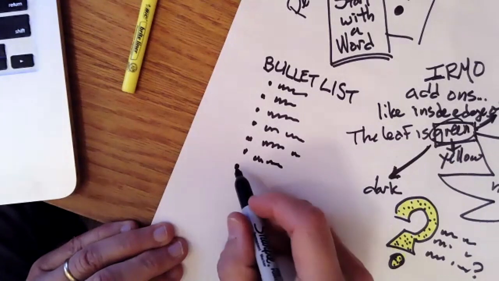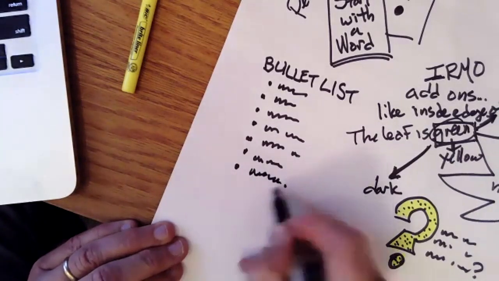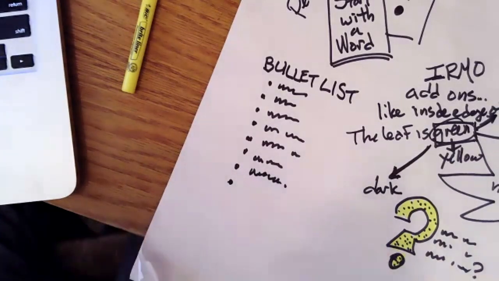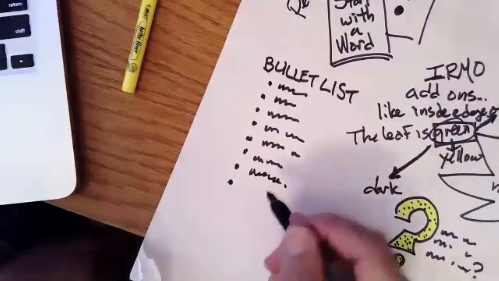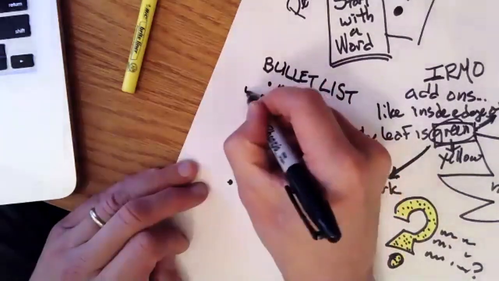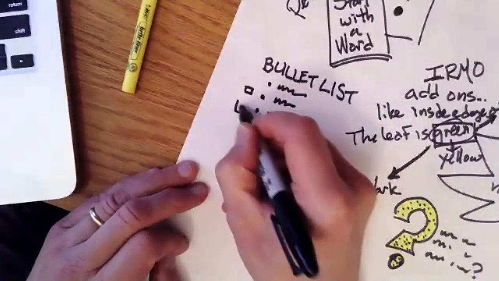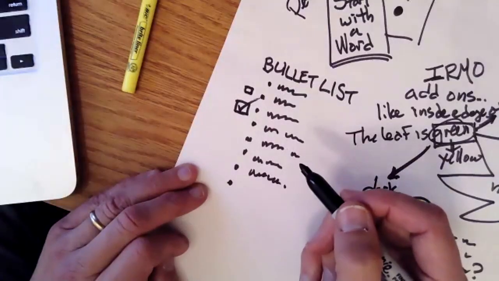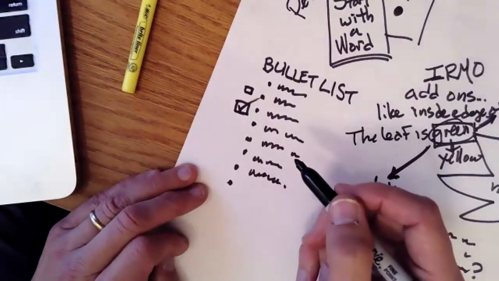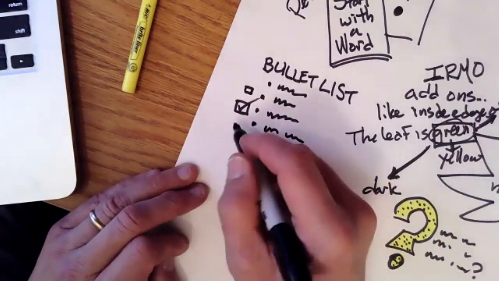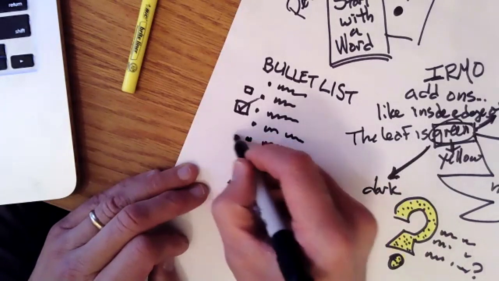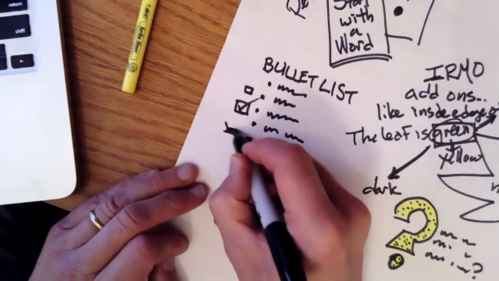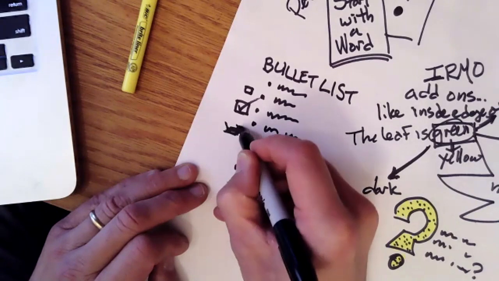But if you just have a little point right there, your brain will think of something else to put, and then you just put in another dot. You can also be playful with your bullets. They can be dots, boxes, or check boxes that you check off when you've done things, so kind of to-do list style. If you're looking at little ducks, they can be little pictures of ducks.